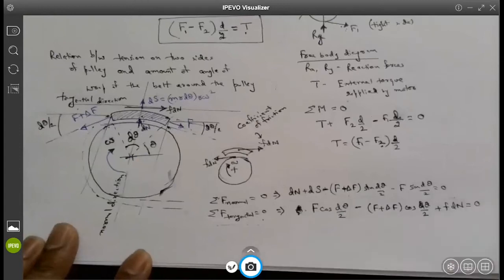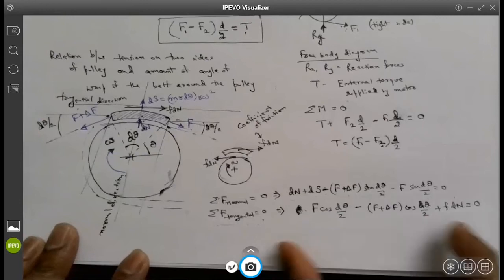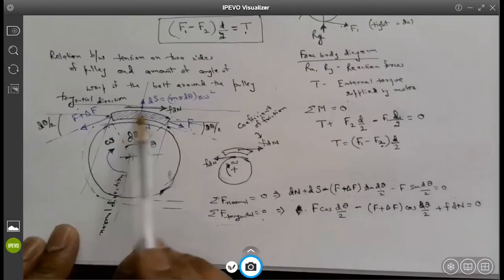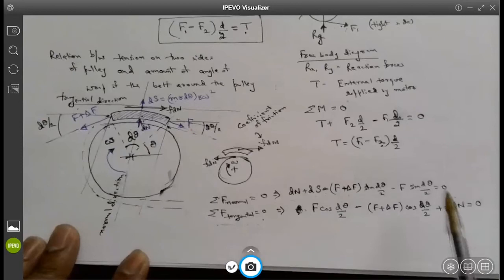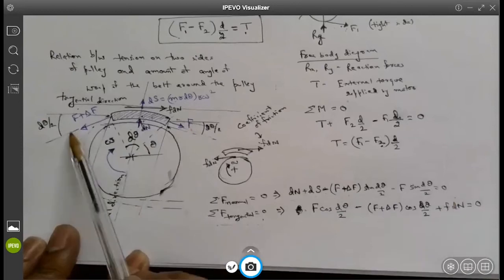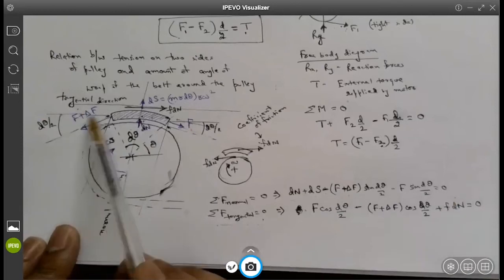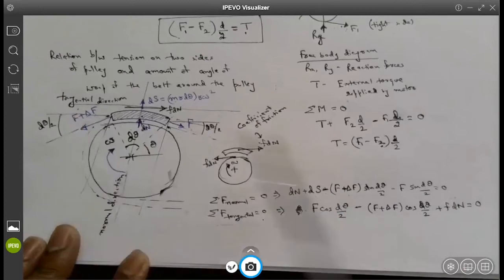Perfect. That is the correct expression for all the forces in the tangential direction. You just take the component of this force in the tangential direction, F times cosine dθ over 2. Then similarly, you take the component of F plus delta F, cosine dθ over 2 on the negative side. And then friction coefficient times dN. So that has to equal 0.